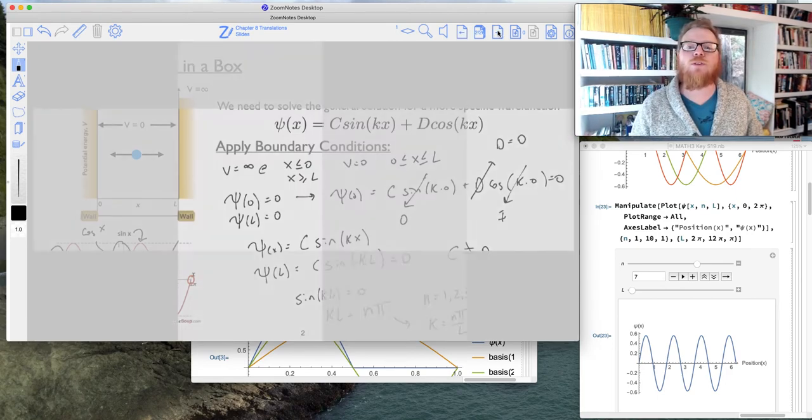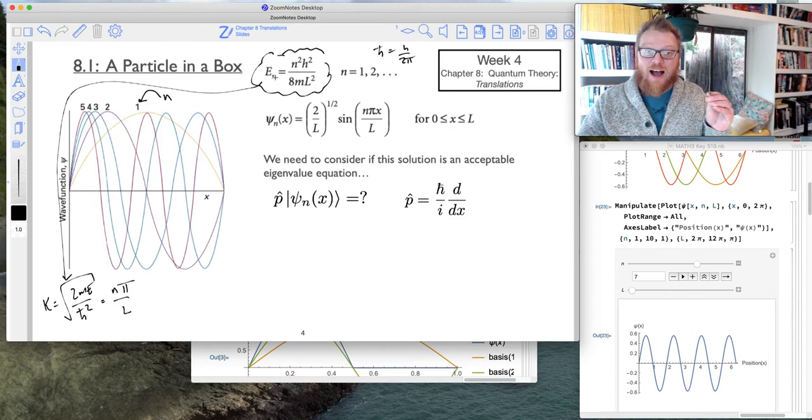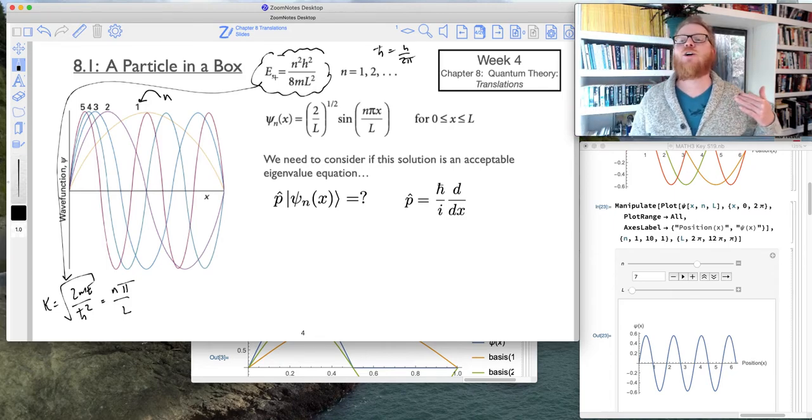What's really cool about this is that kinetic energy does not have continuous values, rather it has quantized values. So when n is equal to 1, it has the value of h squared divided by 8mL squared.